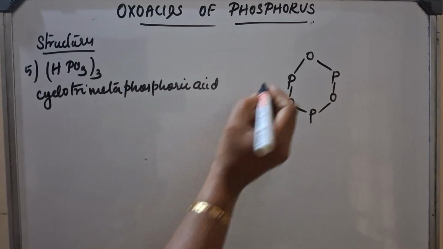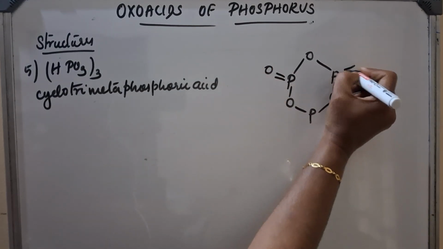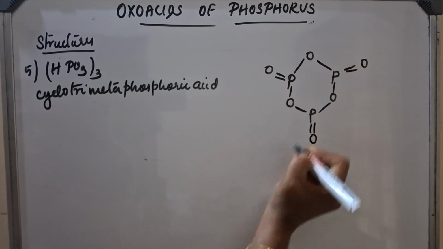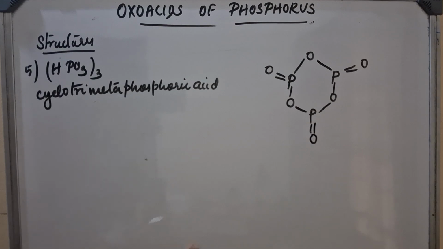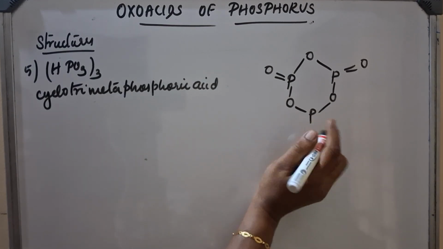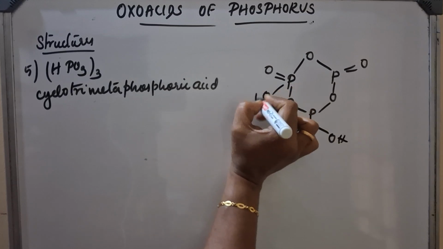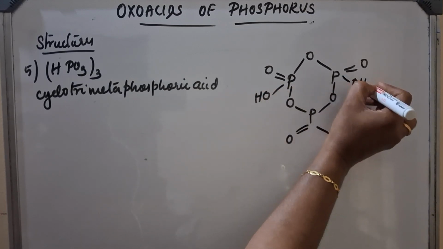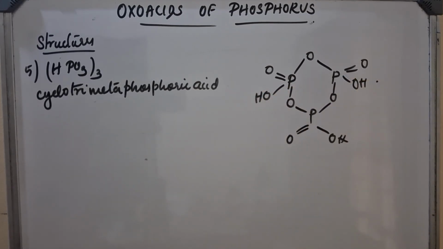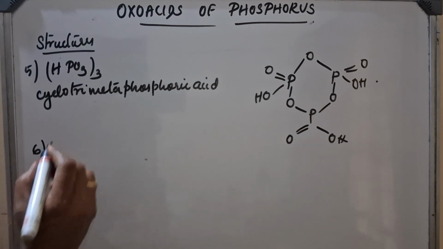Now, double bond O. Double bond O. Then OH bond. This will be the structure of cyclotrimetaphosphoric acid.